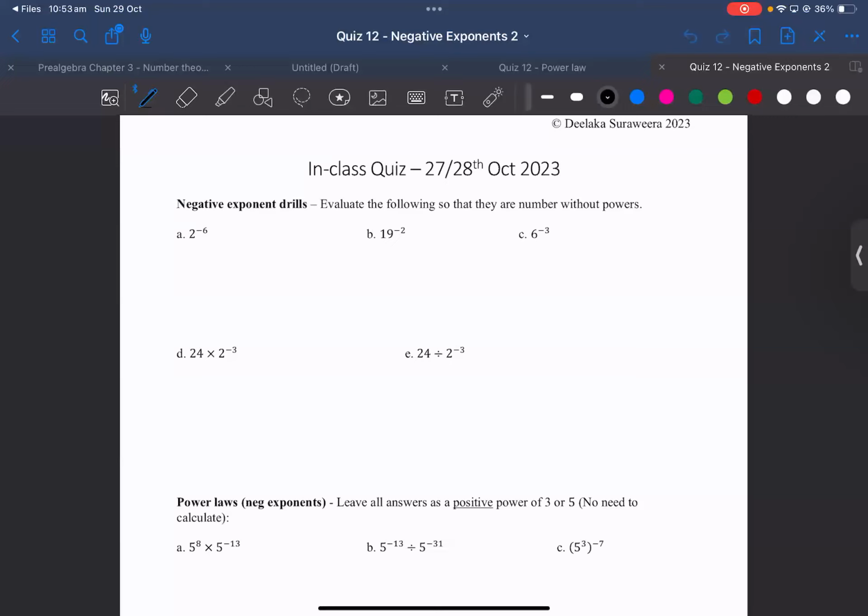So it would just be negative 8 times 3. It's negative 8 times 3 to the power 1. 3 is the same as 3 to the power 1, right? 3 is just 3 to the power 1.